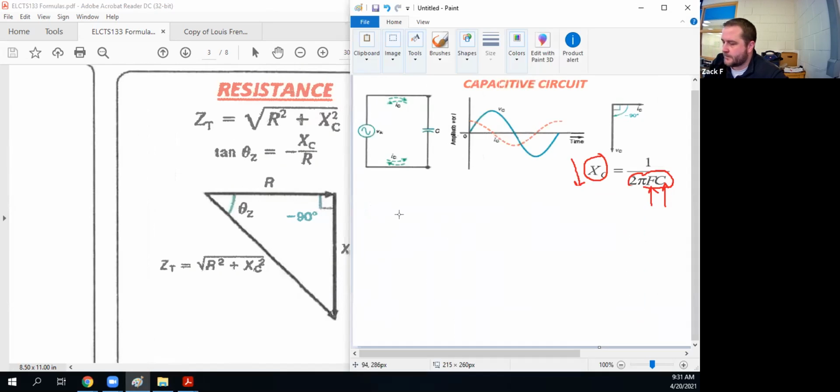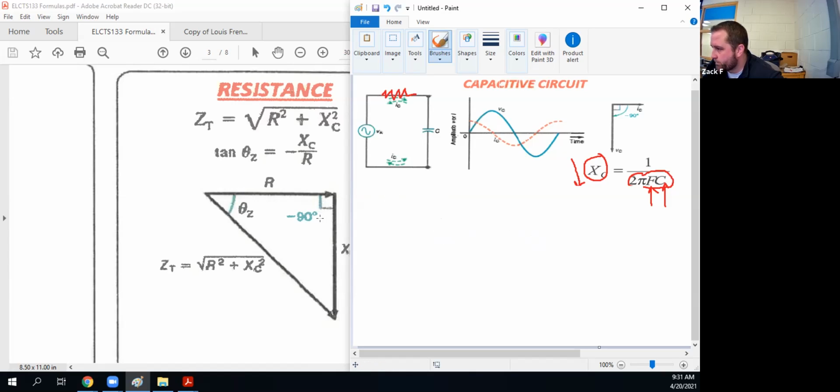All right. So remember, this whole page on your formula sheet is a capacitor and a resistor in series. It's as if we put a resistor up here in series with this capacitor.